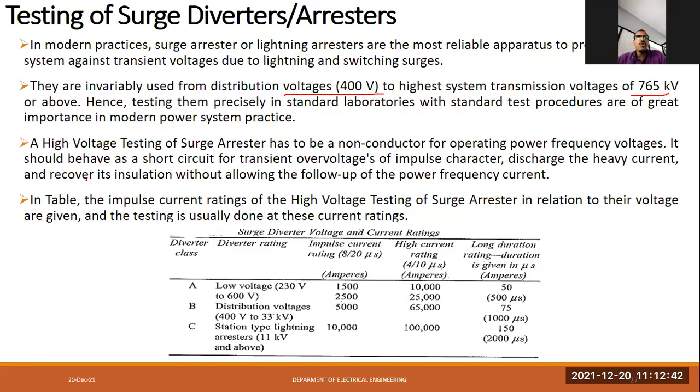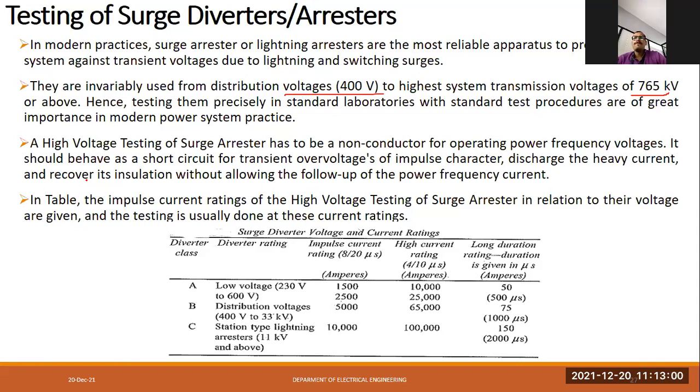There should be short circuit conditions, and due to that there are also overvoltages. Whatever surges or lightning strokes there are may be impulse in nature.